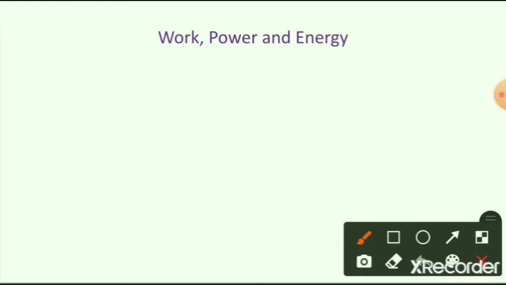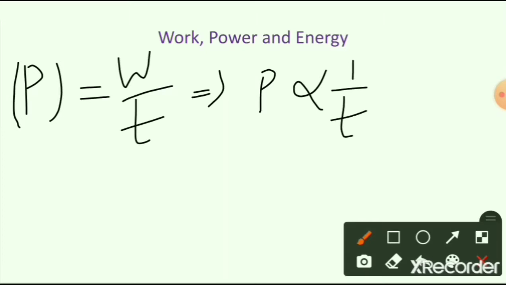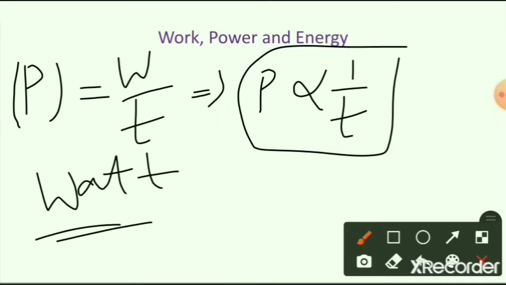Then power, denoted by P. The rate of work done is called power. P equal to W by T, or P is directly proportional to 1 by T. Watt is the common unit for power.